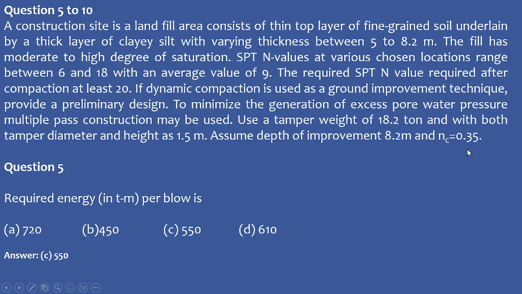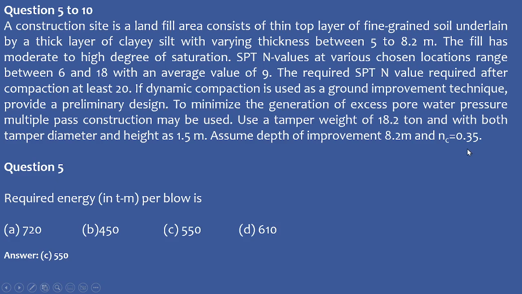To solve that, we know the depth of improvement is given by Nc times square root of W T H D, where Nc is the parameter depending upon the soil. We would need to evaluate this parameter from the table, but since it's directly given in the question, Nc equals 0.35, we can use that.